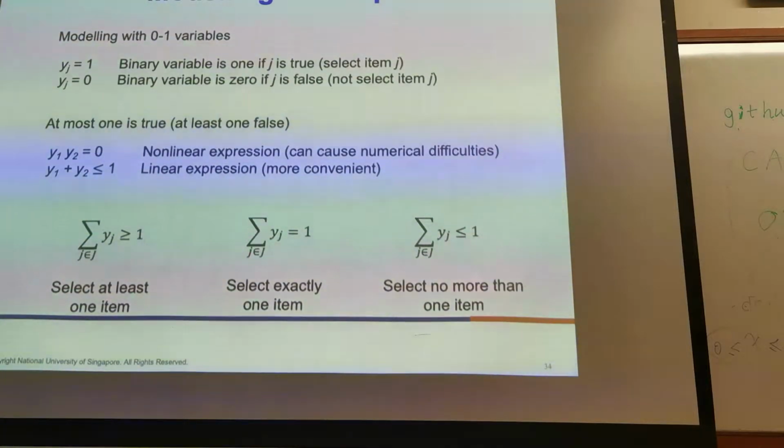But if I want to say some logic operation, if I say at most 1 is true, how do I represent it? Because sometimes I have multiple options. I want to say if I have my reactor 1 selected, I cannot select my reactor 2 or 3. So if at most 1 is true, how do I represent it?